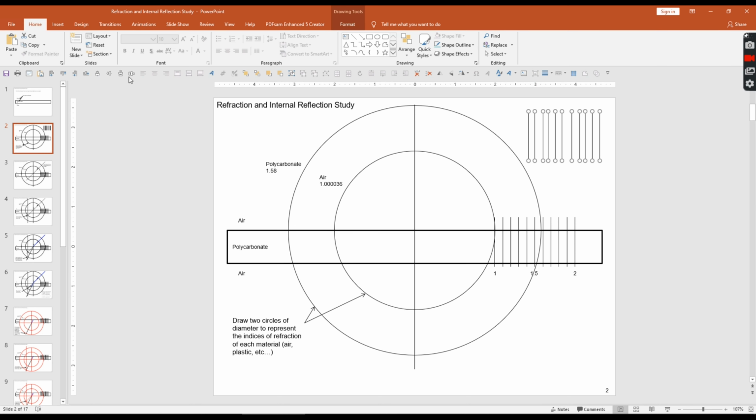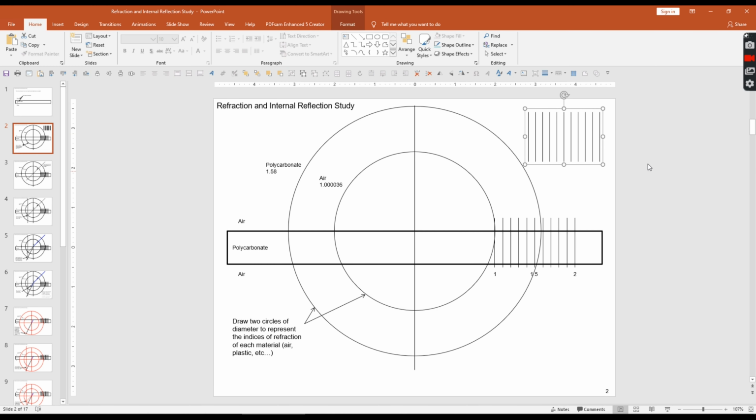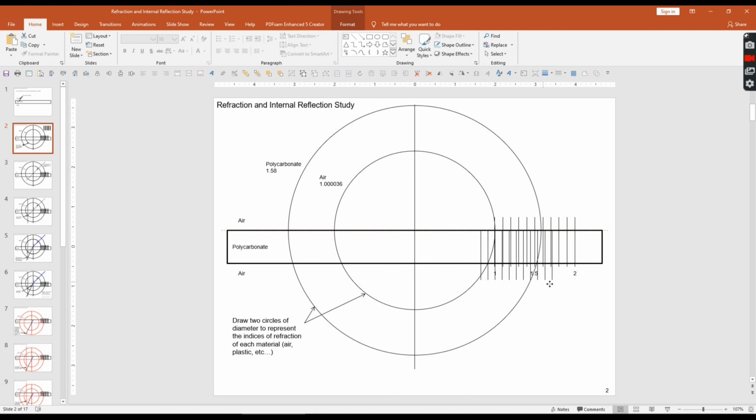Then we will use the distribute horizontally. I have it on my quick access toolbar, and we group them, and then you can just set them along your material wherever you need it to. But that's the basic concept of how to get equal spaced.